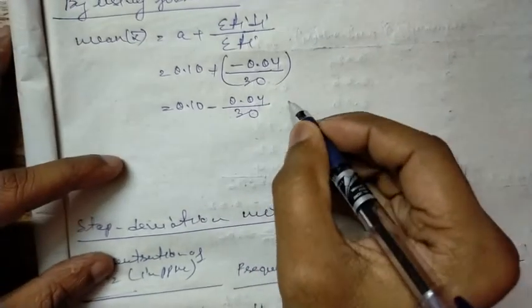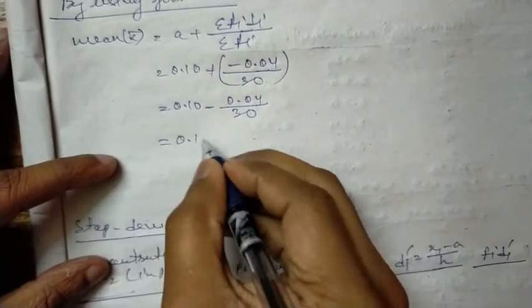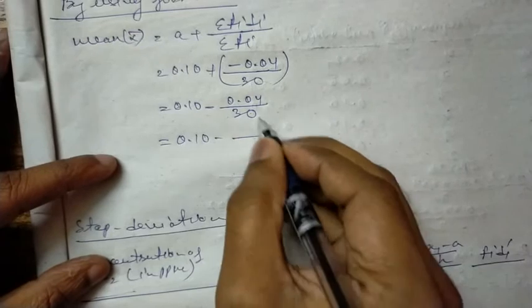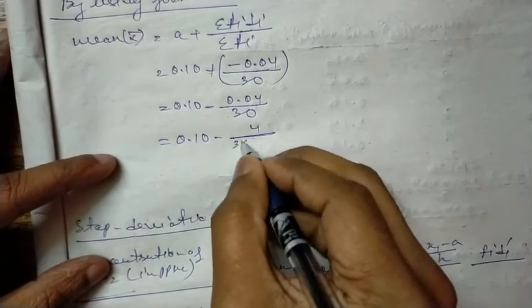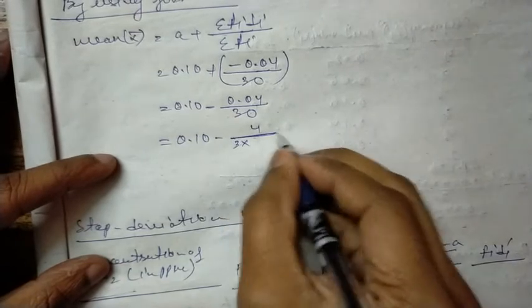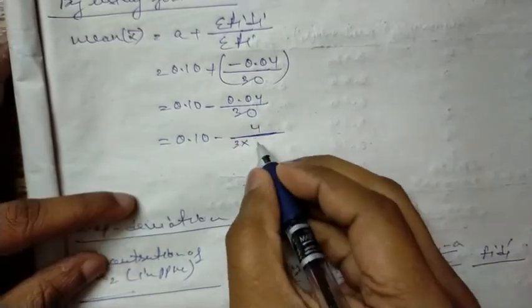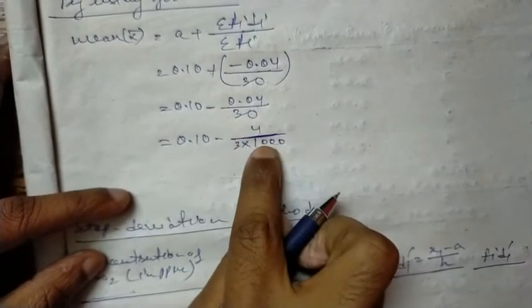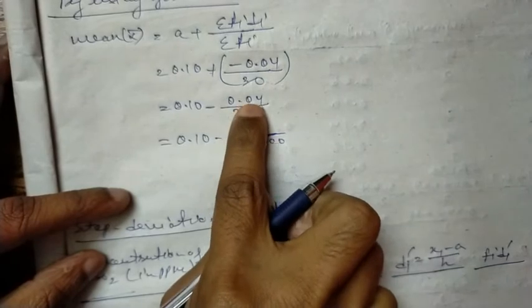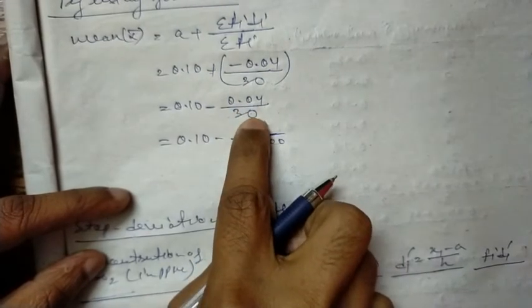We can remove the decimal, so it will be 4 over here and 30, and in the denominator there will be 100. So we can write this as 0.10 plus minus 4 over 3000.